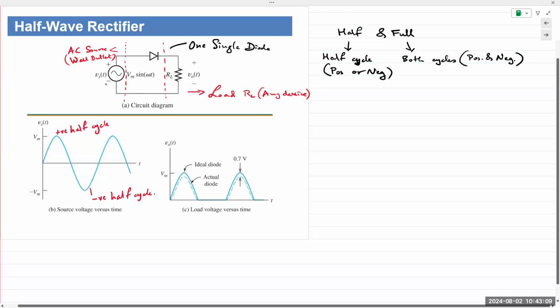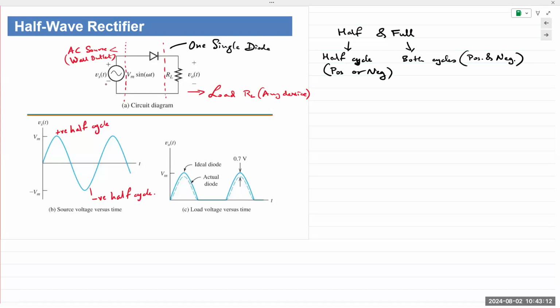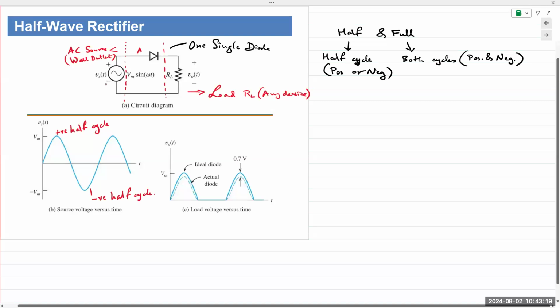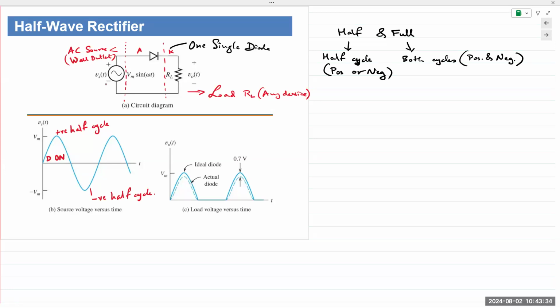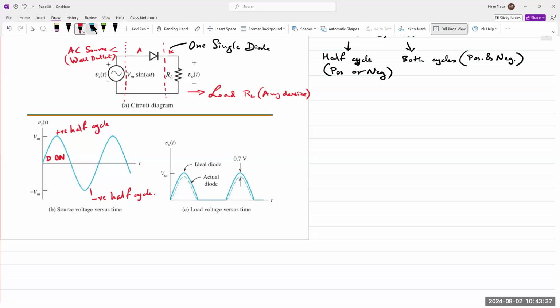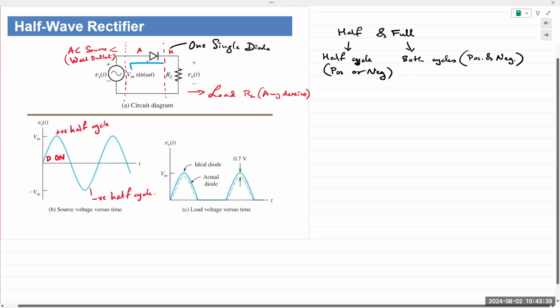In the positive half cycle, the voltage is climbing in the positive direction, meaning the diode's anode, which is on the left, is now higher than the cathode. So the diode is on in the positive half cycle, it conducts and allows passage of electrons. So in the positive half cycle, you have current flowing through that load resistor.